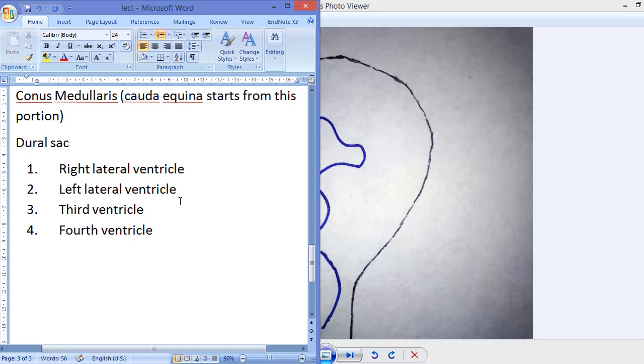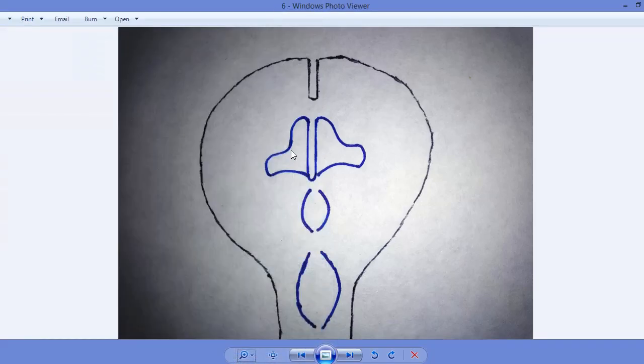Four cavities are there inside the brain. Four ventricles are there, and the heart also has four chambers.